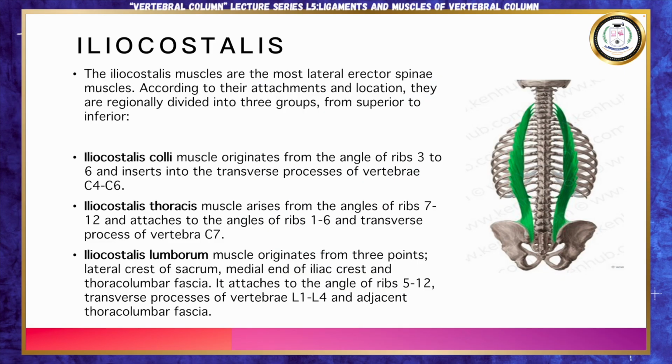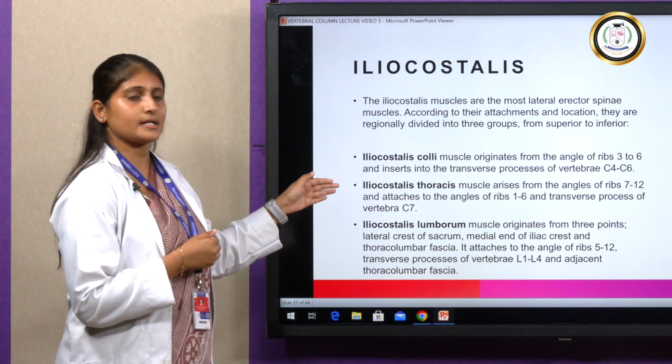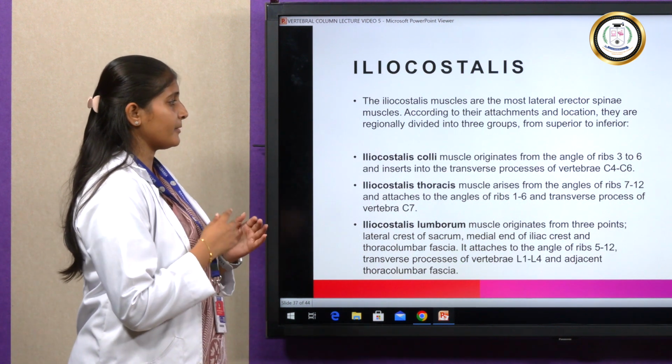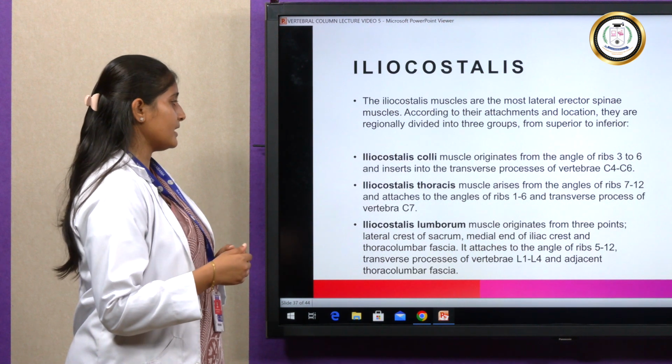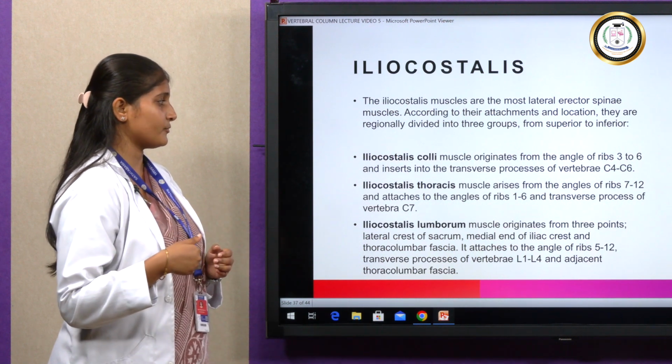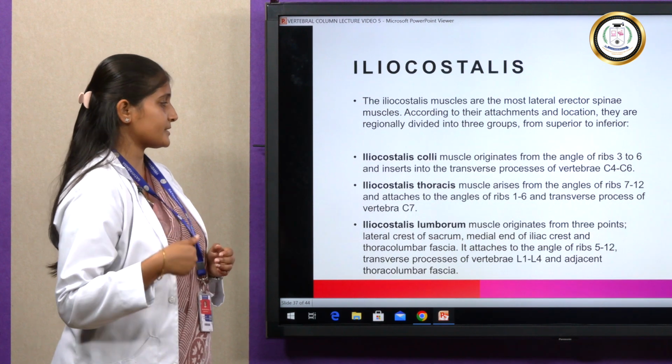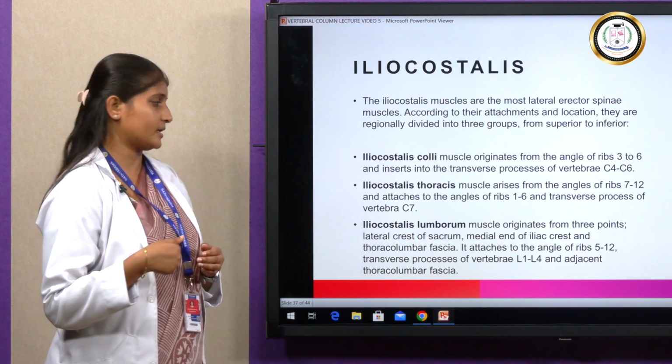The first muscle is the iliocostalis cervicis, which originates from the angles of ribs 3 to 6 and inserts into the transverse process of vertebra C4 to C6. Then we have iliocostalis thoracis, which arises from the angles of ribs T7 to T12 and attaches to the angles of ribs 1 to 6 and the transverse process of C7 vertebra.